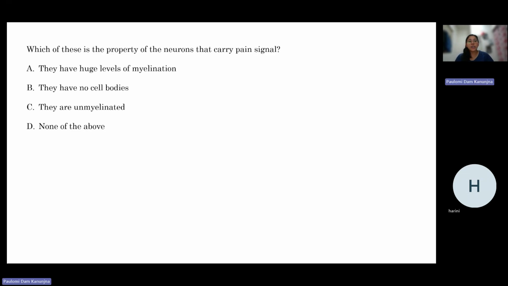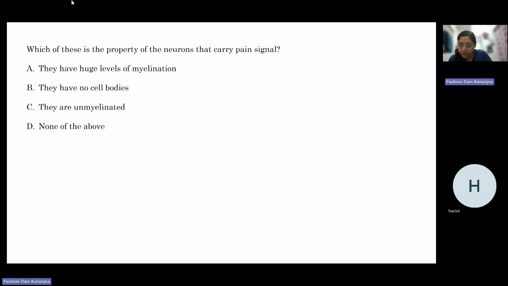Okay. Now, which of these is the property of neurons that carry pain signals? Remember, we are talking about neurons which carry pain signals, and nociception. So you have pain signals. Do you want the information to go quickly, or do you want it to be long and sustaining? You can think in this way. The question here is asking, what is the property of the neuron?